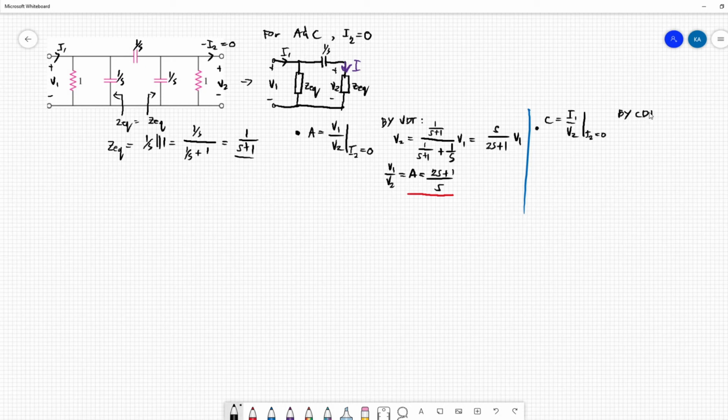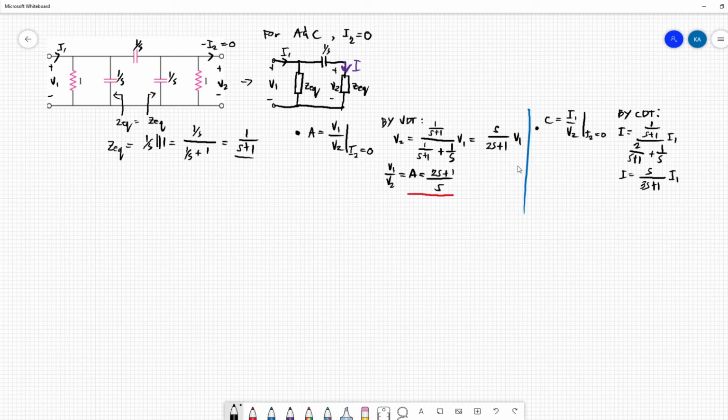By CDT, we have I equal to 1 over S plus 1 over 2 over S plus 1 plus 1 over S, times I1. So our I is equal to S over 3S plus 1 times I1.